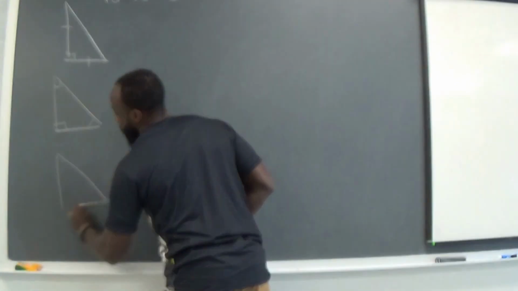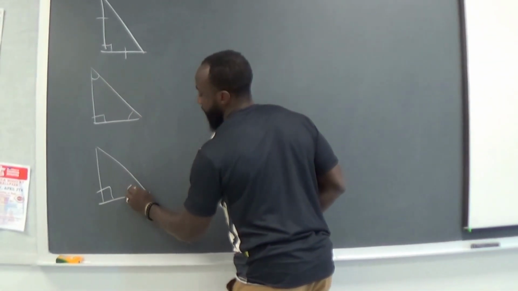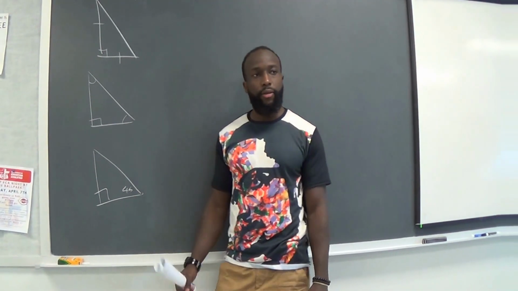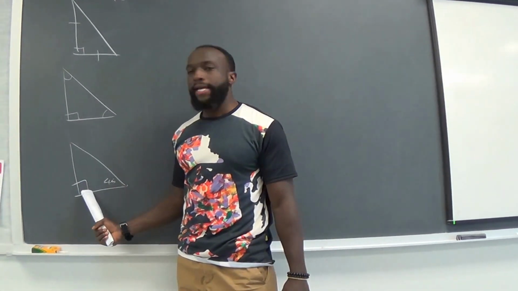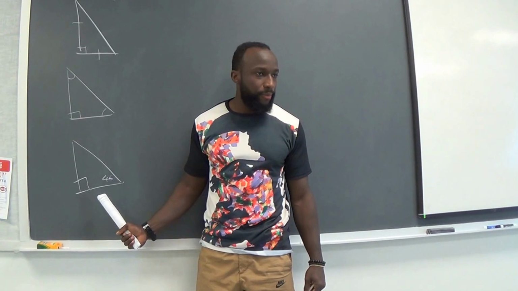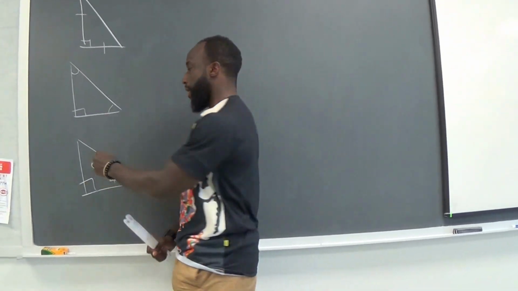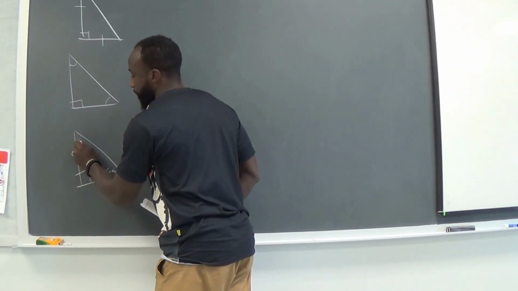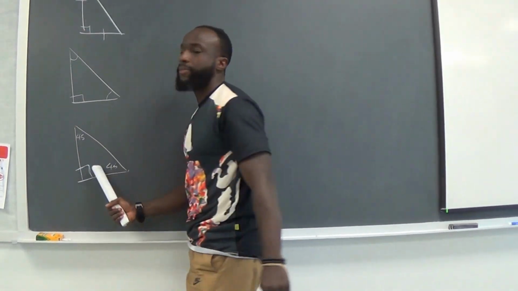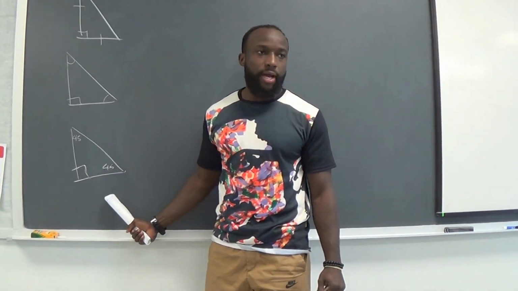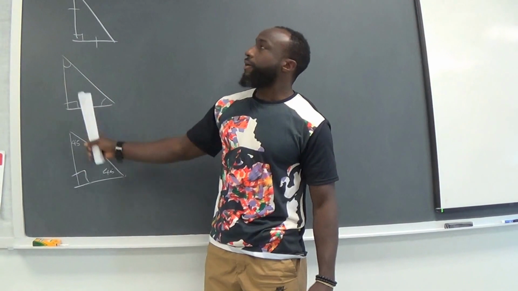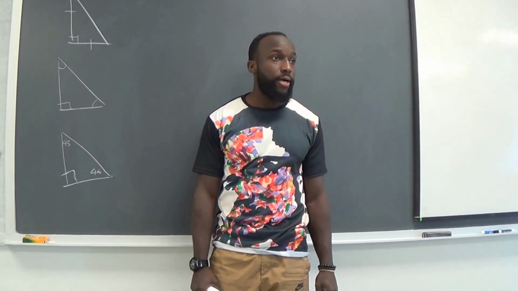Or you'll get this situation where they just say, hey, that's 45 degrees. 45 plus 90, the difference between that and 180 is going to be another 45. So this is how you know you're dealing with a 45-45-90 degree triangle, right?